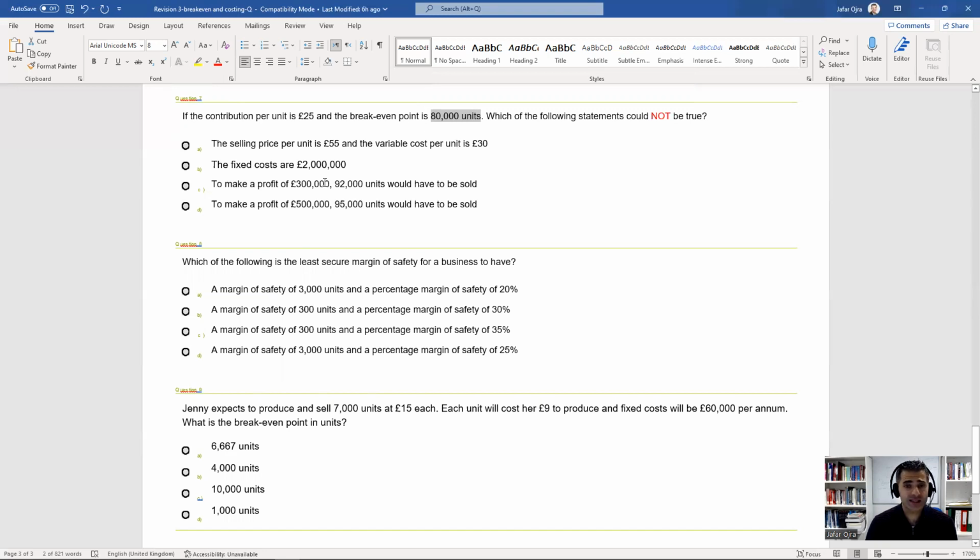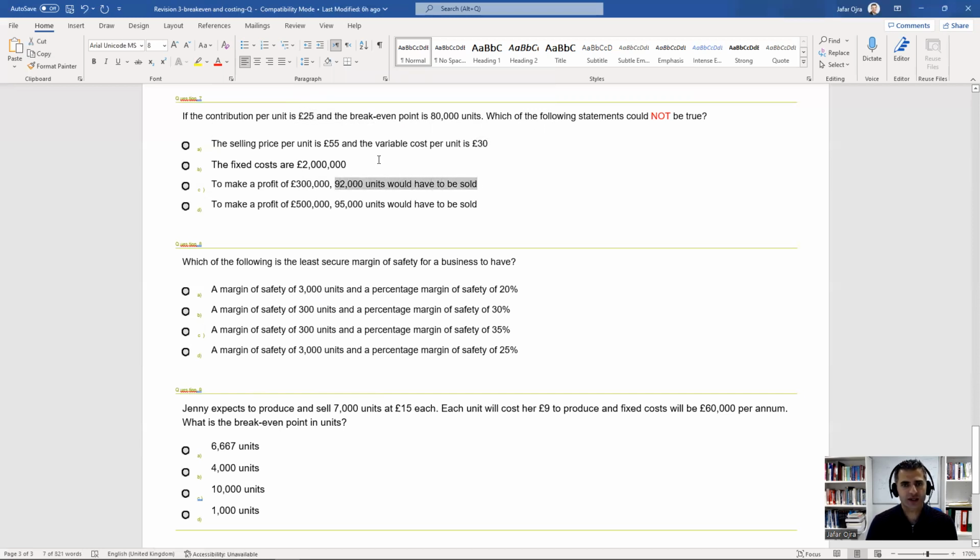So now that's the formula for targeted profit. If you remember the formula for targeted profit, it tells you that fixed cost, which is 2 million, plus the targeted profit, which is 300,000, you divide it by contribution per unit, which is 25 pounds. That makes 92,000 units.